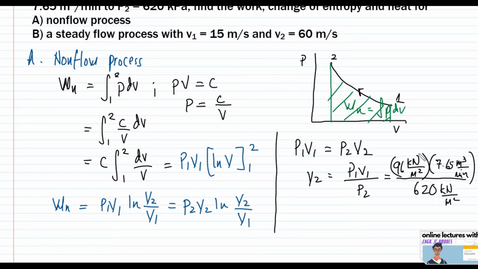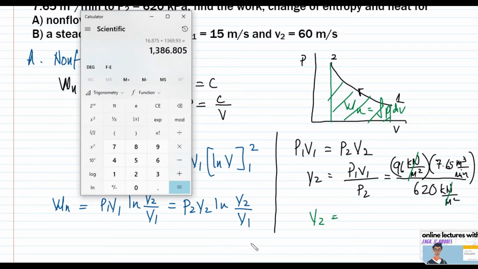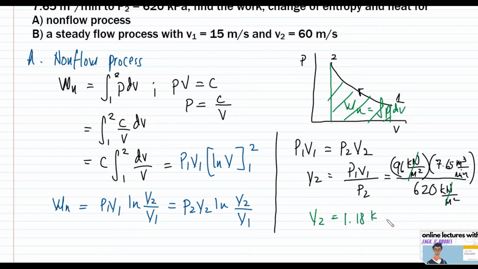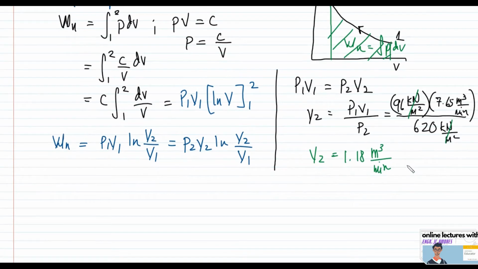Of course, kPa or kilonewton per square meter would cancel out, and we would have volume as cubic meter per minute. So let's get our calculator. We have 96 times 7.65, then divided by 620. So 1.18. This is 1.18 cubic meter per minute. So we go back to our W sub n.